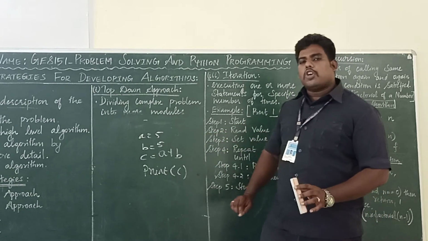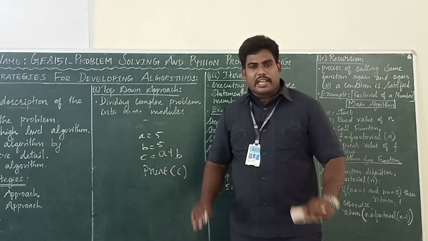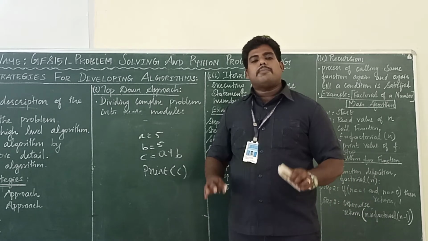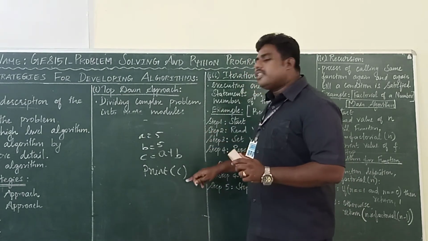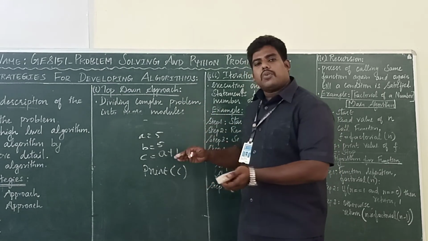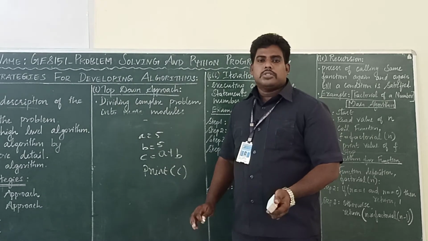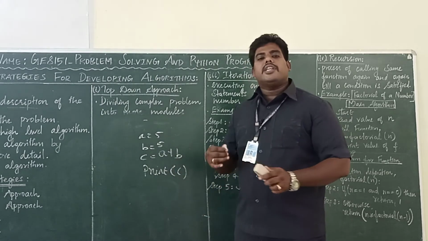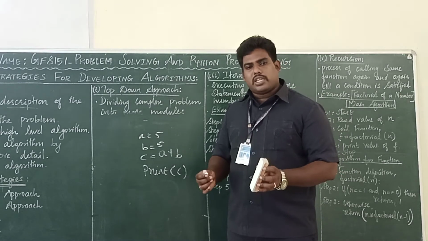Suppose in your program I want to perform addition 10 times. What will happen? You have to write these 4 lines again and again, 10 times. So to avoid this, they introduced the function concept.